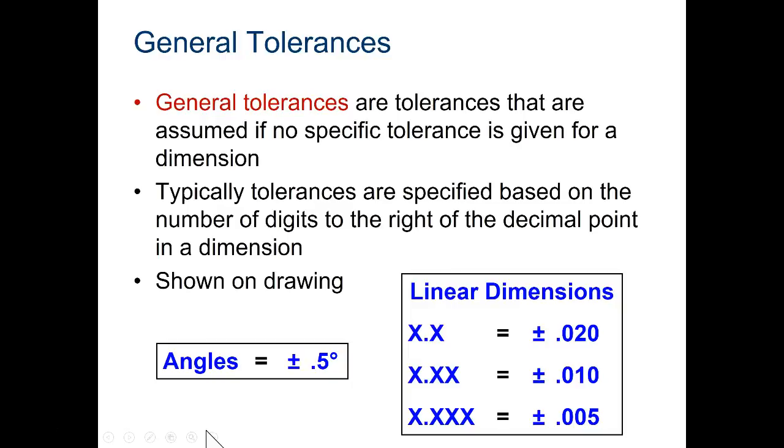And if we have three decimal places, like 1.234, we will accept plus or minus 0.005. This can be specified once in a drawing, and you don't have to refer to it anymore unless you have an exception, usually something that requires a tighter tolerance.